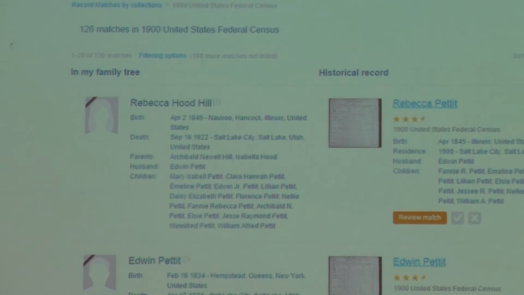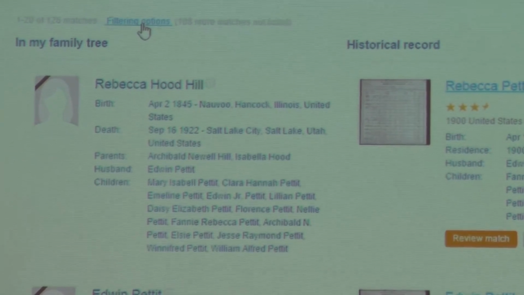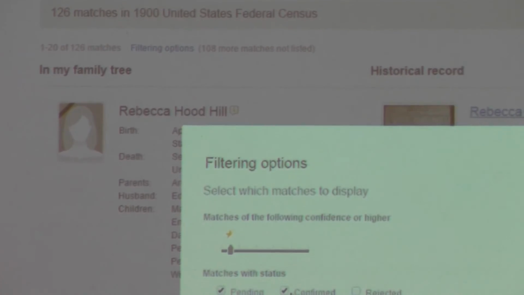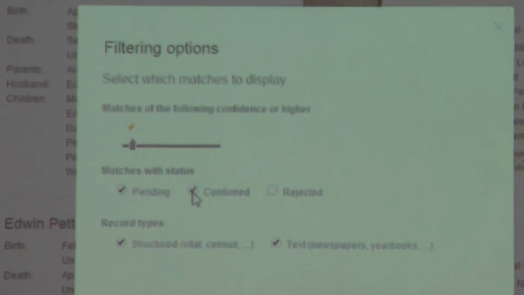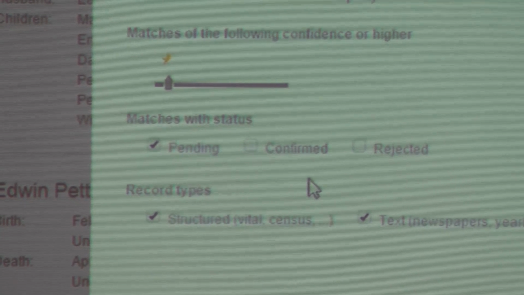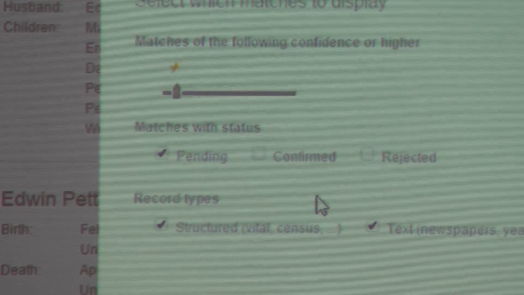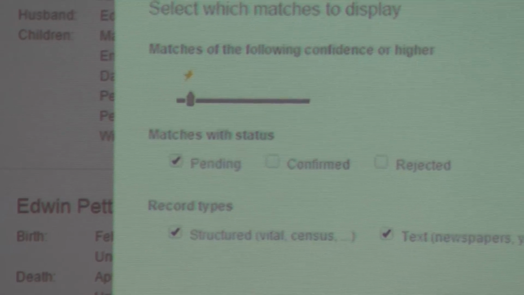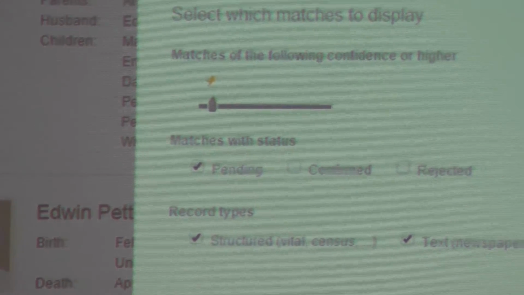And this is MyHeritage. So first I'm going to filter the options because I'm going to unclick the check mark for confirmed. That means I don't want to look at the confirmed ones. So whatever I've already attached to my people, I don't want to see them again. So now when I do that, the number drops to 85 matches.